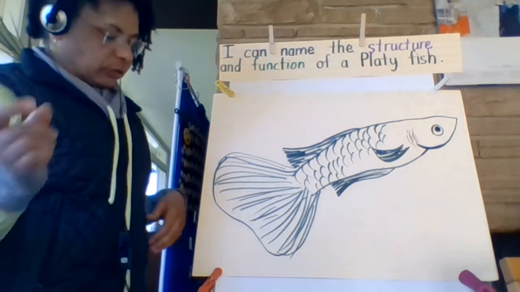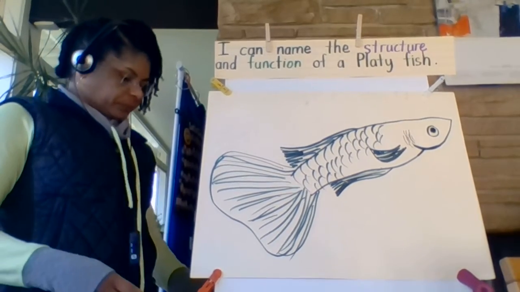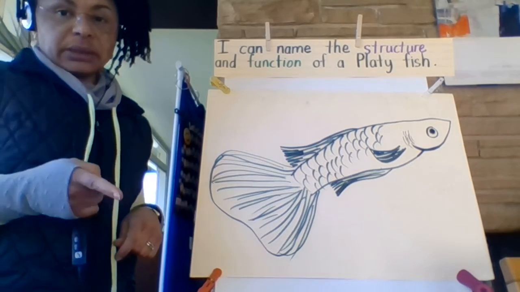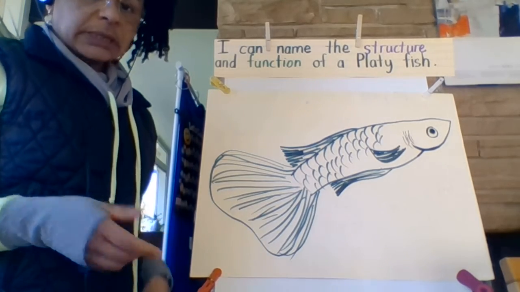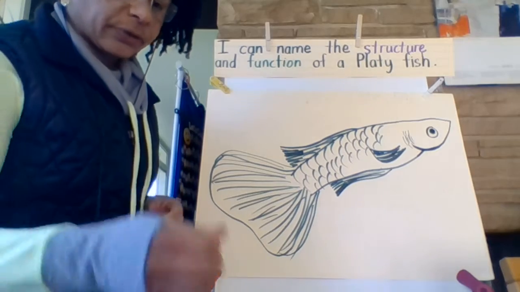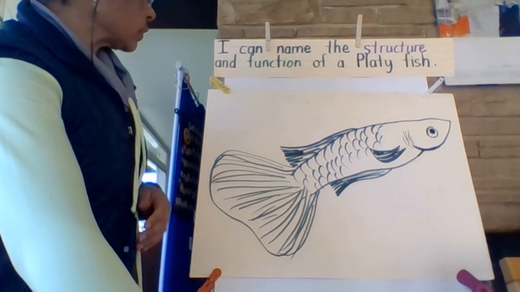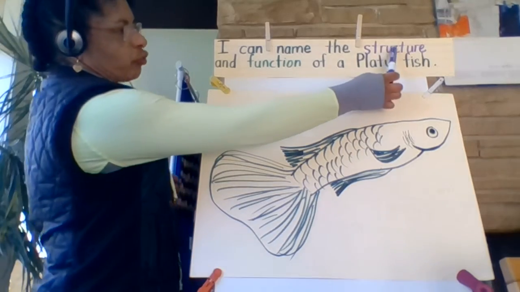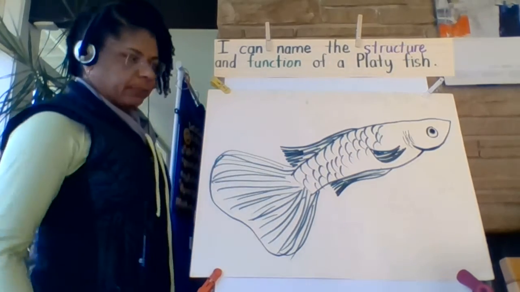Now I'm going to label the structure of the platy fish and also the function so that we could learn it together and we could review it together. So I'm going to use purple for structure, which is the body parts.